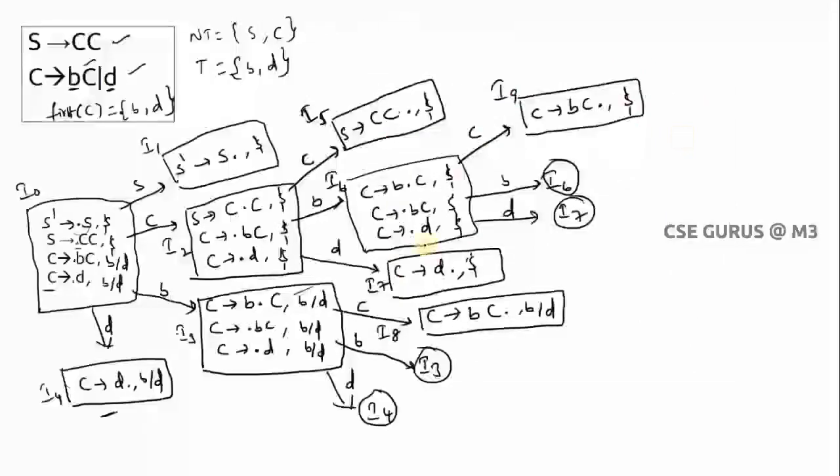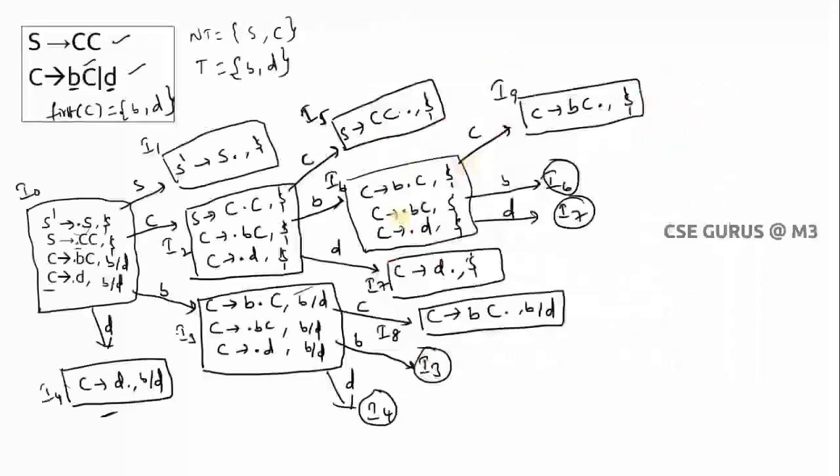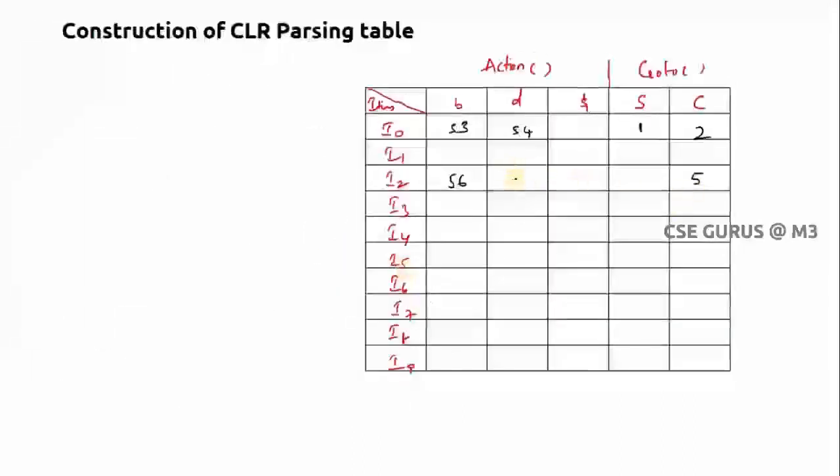Next I2 to B, it is going to I6. Here it is a terminal, that's why 6 can be written as S6. I2 to D, it is going to I7, means S7.